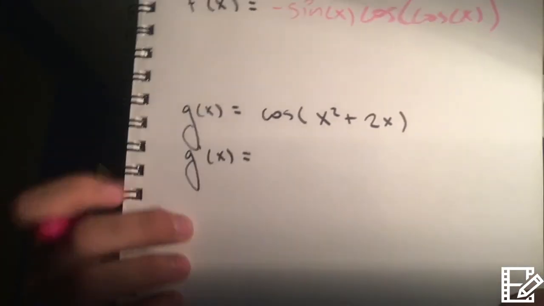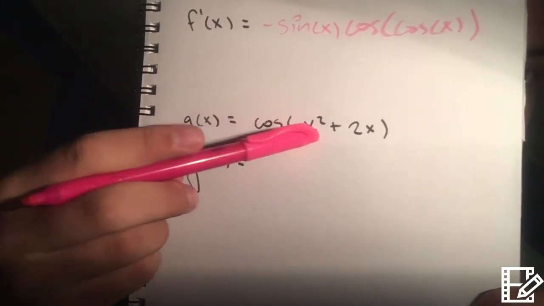And then for this next one, g of x, you have the cosine of x squared plus 2x. You do the derivative of the inside, which is going to be 2x plus 2, times the derivative of the outside, which is cosine. The derivative of that is negative sine, and keep the inside the same.